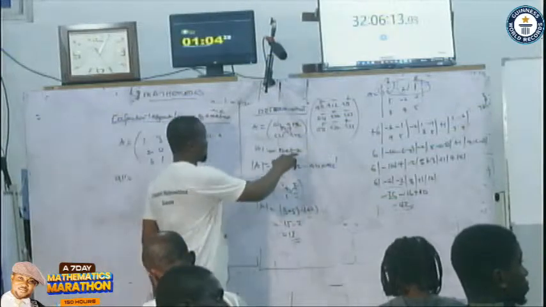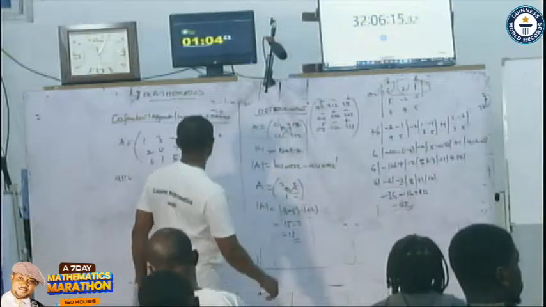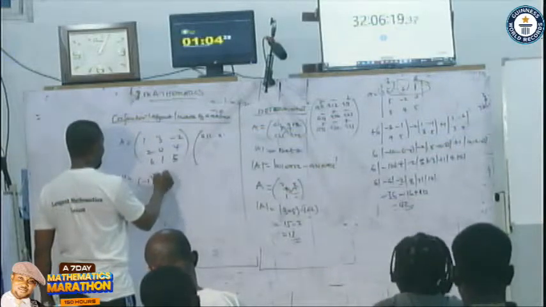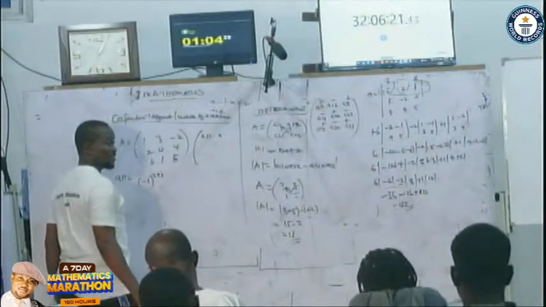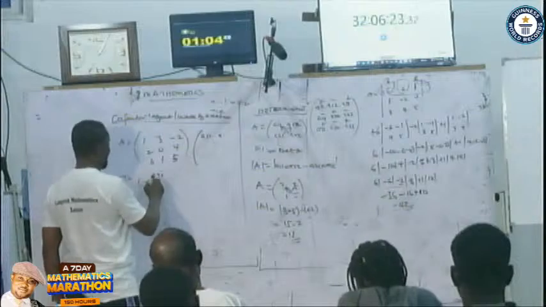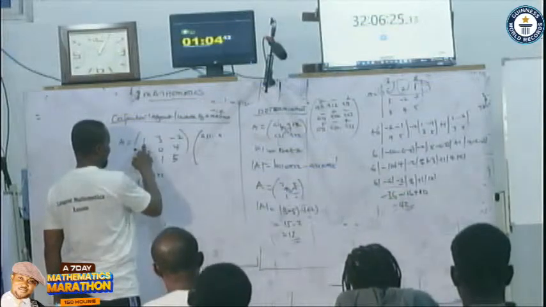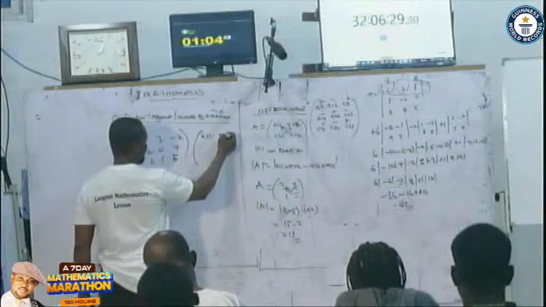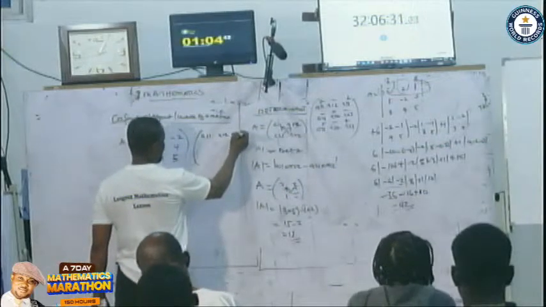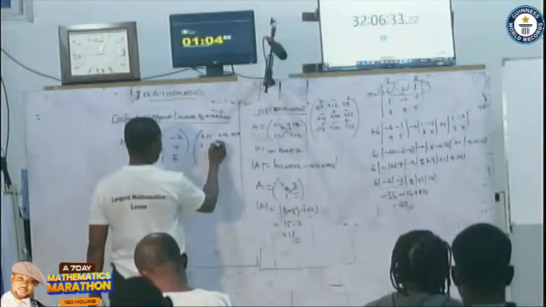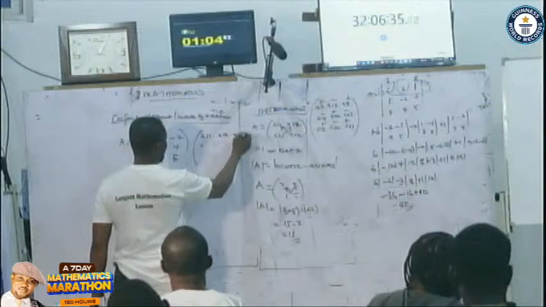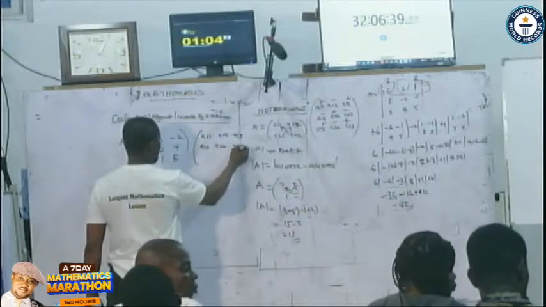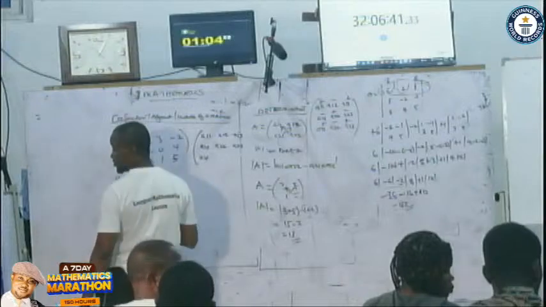A11, you know, is positive here. If I want to use a cofactor formula, you know, the minus 1 to the power of i plus j, where i is the row and the j is the column. So if I come here, this is A11, A12, A13, A21, A22, A23.